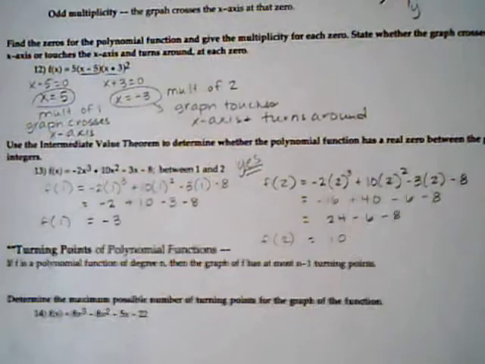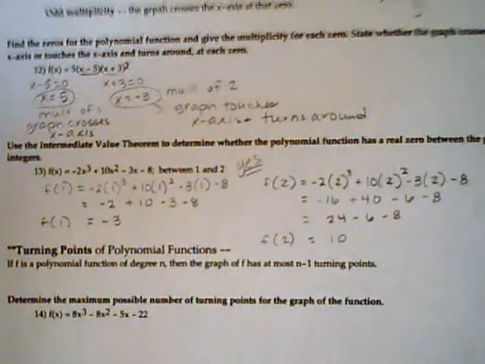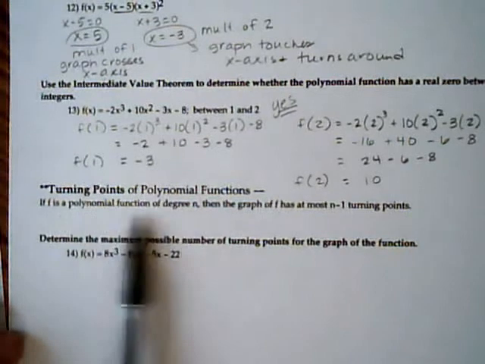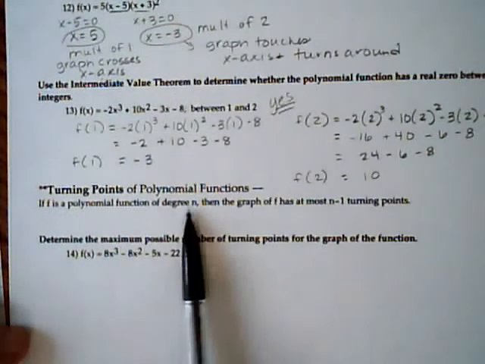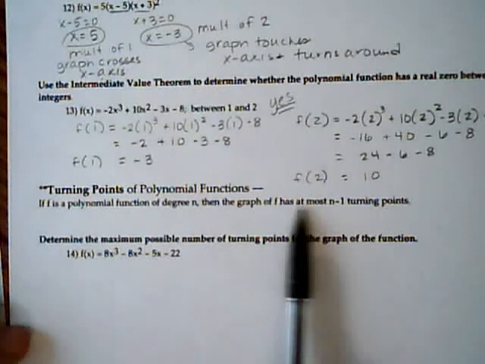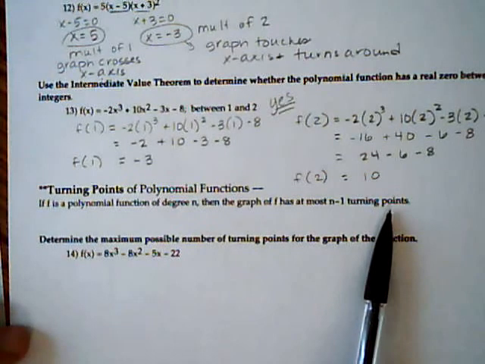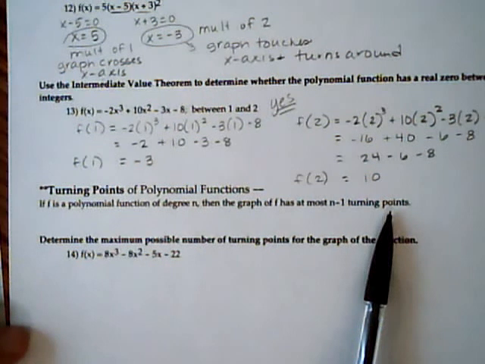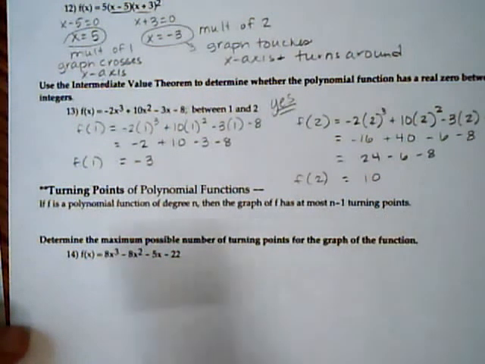Okay, the next thing I want to talk about is the turning points of the polynomial function. So we say that if f is a polynomial function of degree n, the graph of f has at most n minus 1 turning points. So we talked about how the multiplicity affects the behavior of the graph at the 0. This will tell you how many turning points the graph should have.